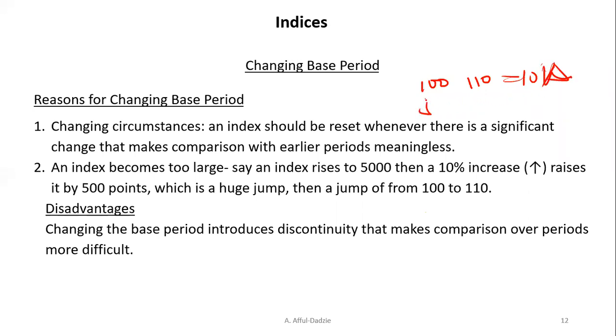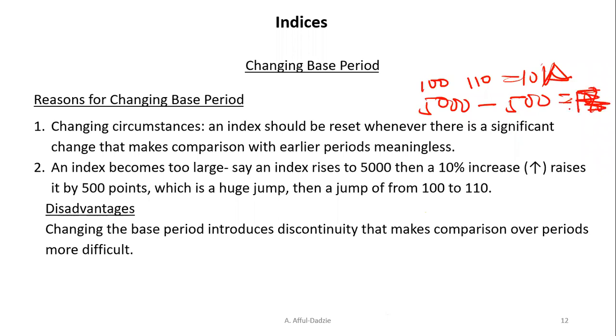However, if you have a base that is 5,000, the same 10 percent increase is 500. So you tell someone that we had a 500 percentage point change, and someone's like, oh, that is huge. Someone may be thinking that is 500%. In actual sense, that is just 10%.